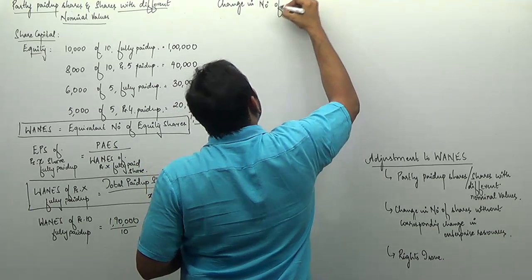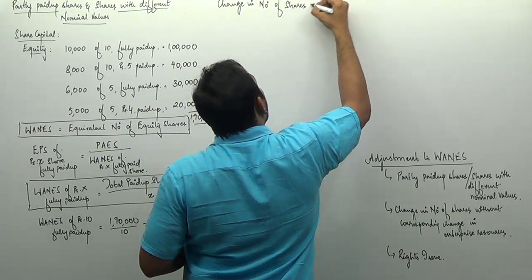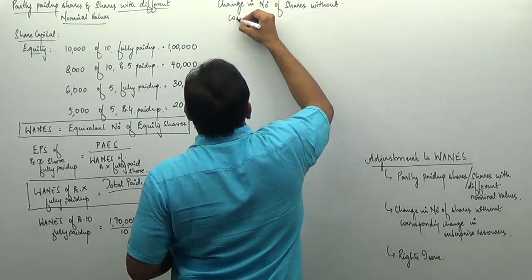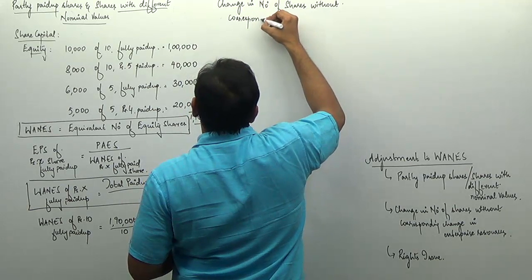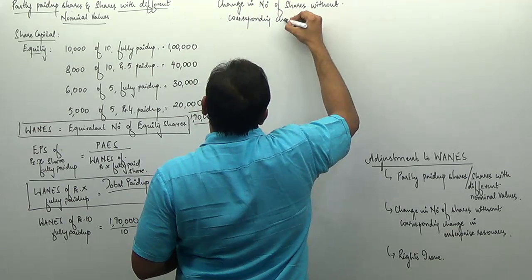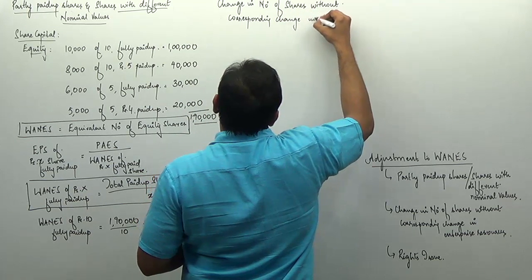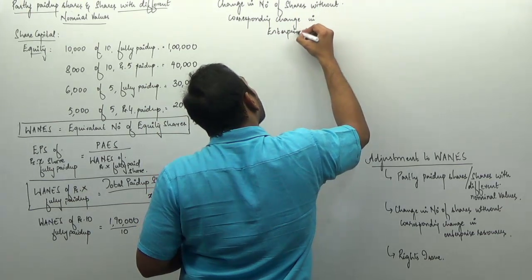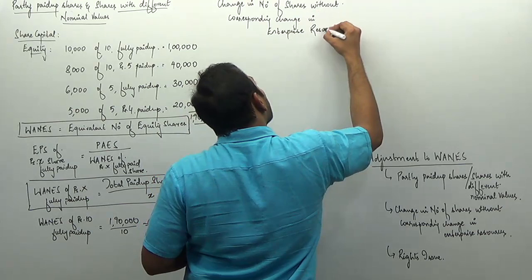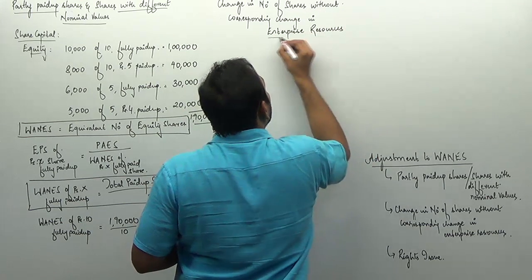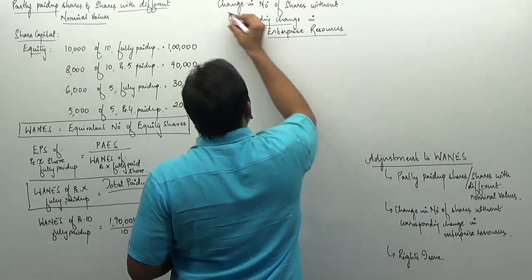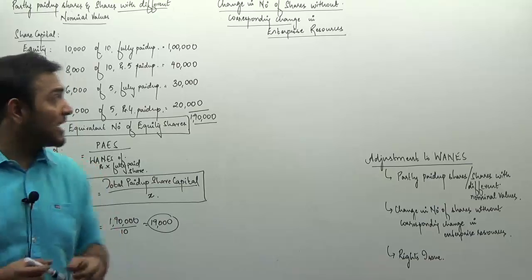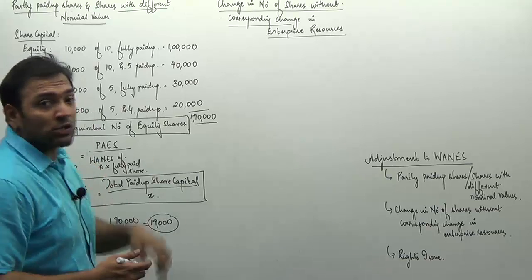Change in number of shares without corresponding change in enterprise resources. What is this change in number of equity shares without corresponding change in enterprise resources?